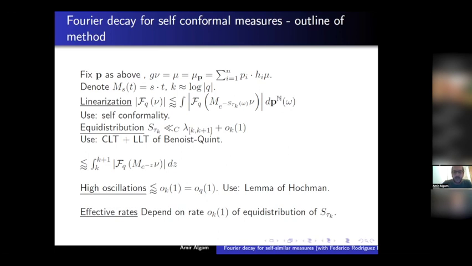And since k is log of q, if you get polynomial decay, because of the relation between k and q, you'll only get logarithmic decay in the frequency. That's the issue. Roughly speaking, the decay for Q will be log in the error term here in the equidistribution.